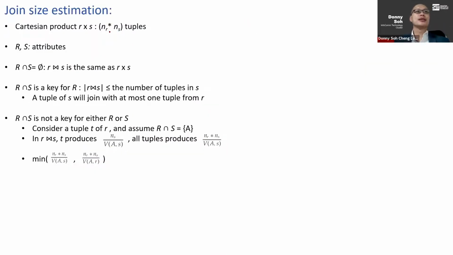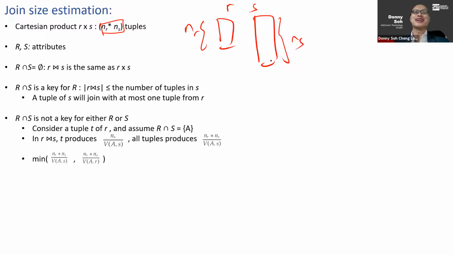Cartesian product is going to be the multiplication of the size of two tables. So R and S, this is NR, this is NS. So the Cartesian product, actually you multiply both together. Okay, so this one should be clear.